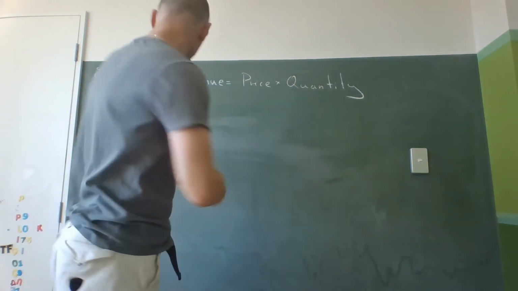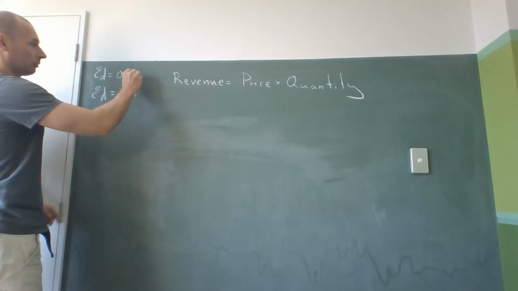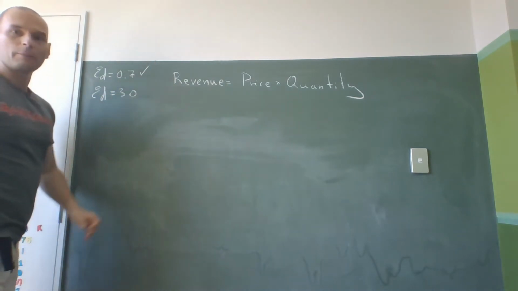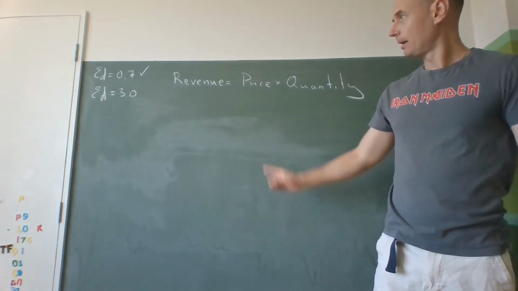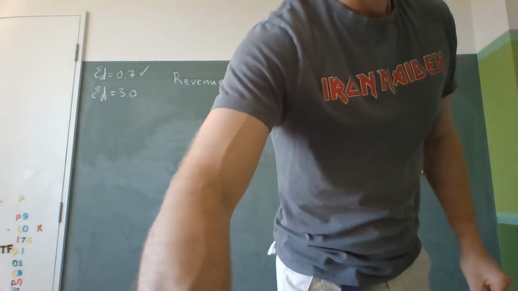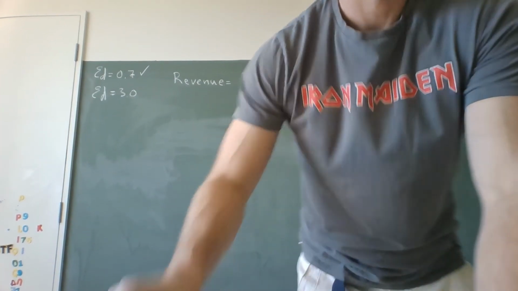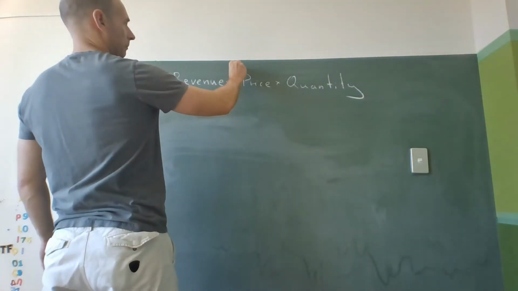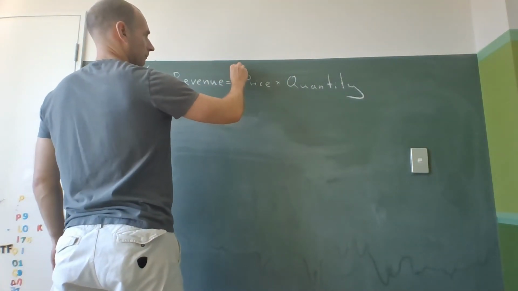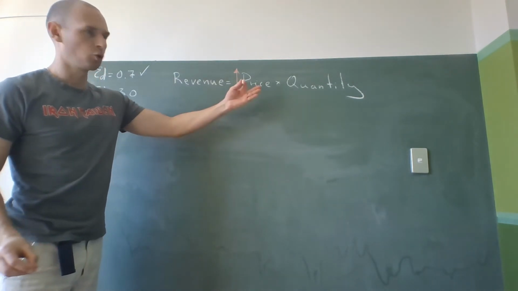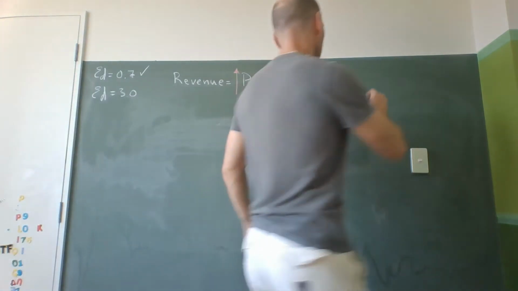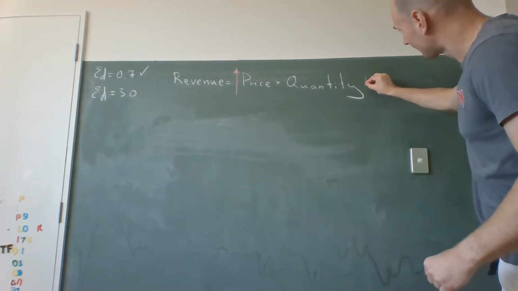So let's say that we are in this scenario when my demand is inelastic, 0.7. I will increase my price by 10%. Okay. What's going to happen to my quantity? It will drop, but it will only drop by 7.